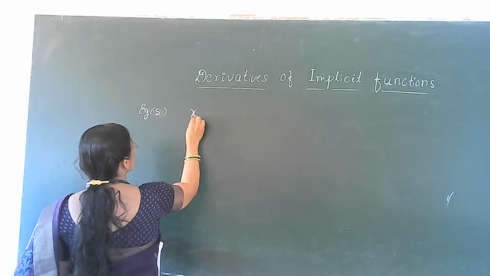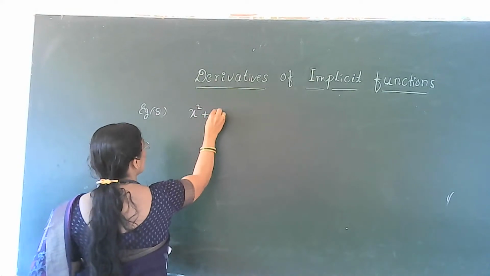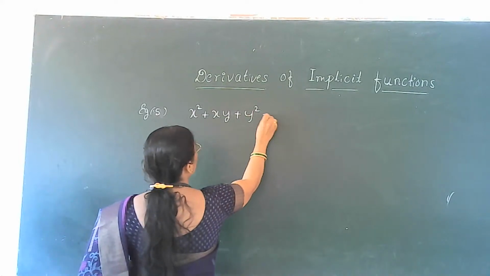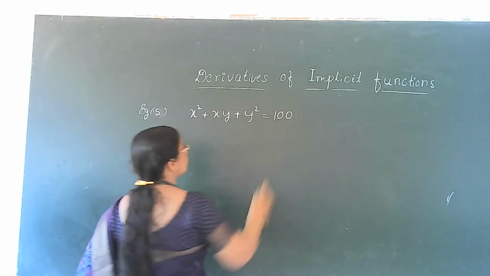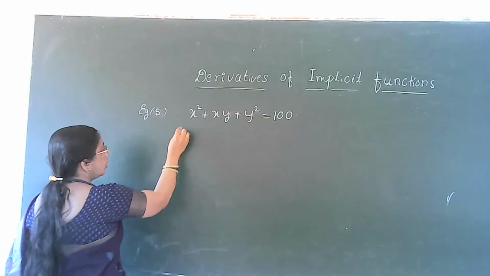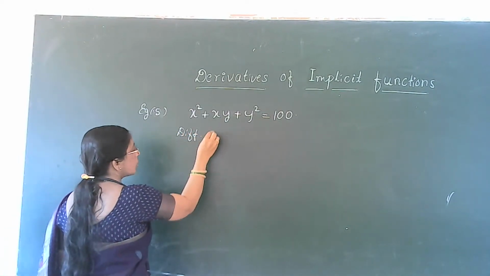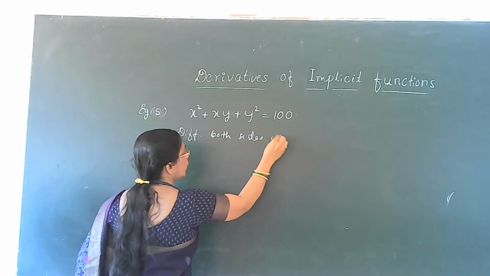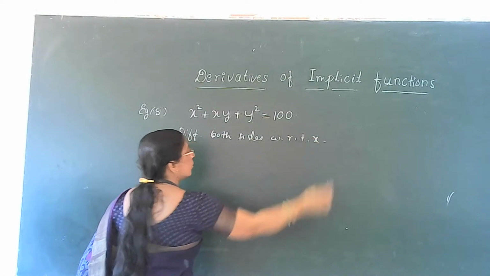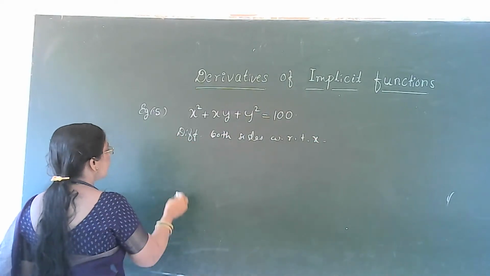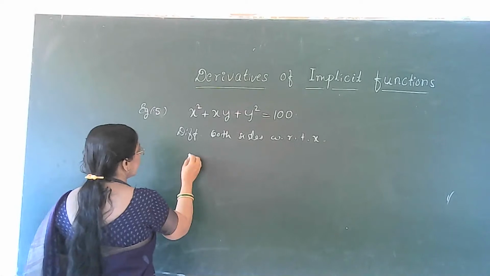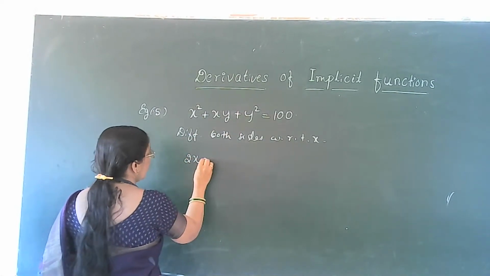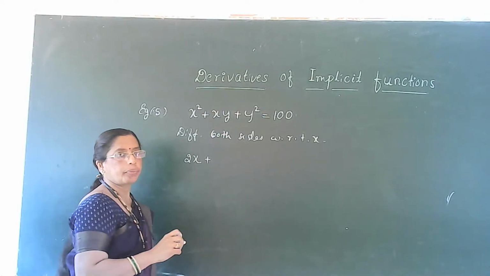Next, fifth question. X square plus xy plus y square is equal to 100. Here, differentiate both sides with respect to x. X square gives 2x plus here also xy.